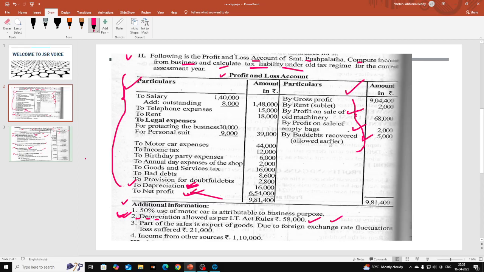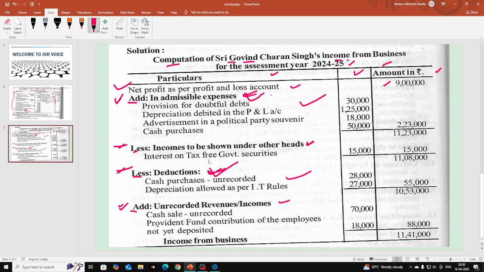Bad debts recovered: if it was allowed earlier, then you should write it under incomes to be shown under other heads. If it was not allowed, then don't write it there. Hope this is clear. Like this, on the credit side, if any other incomes are there, like interest on securities, then you should record them under incomes to be shown under other heads.